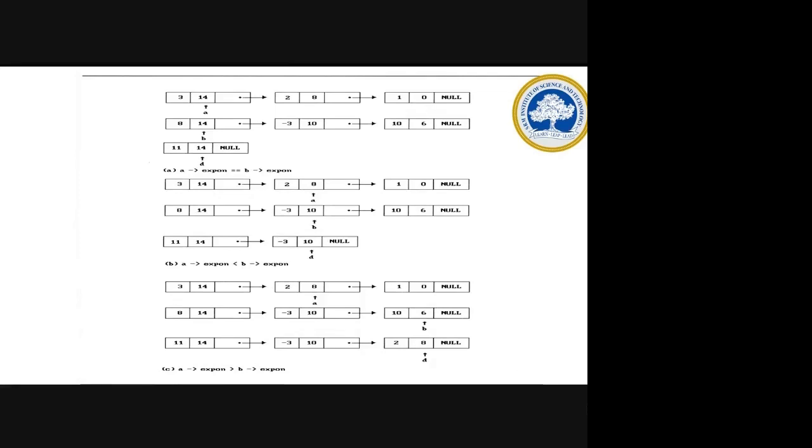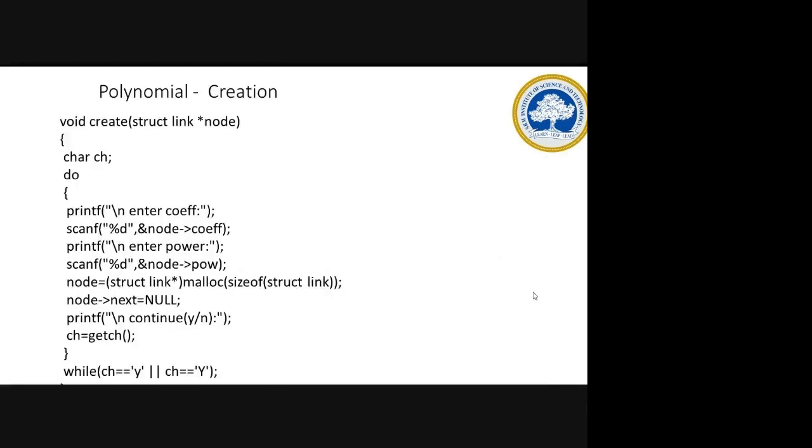Ma'am, the polynomials which we are adding, they should be arranged in the decreasing order of exponents, right? Yes, yes, yes. 11 x power 14 minus 3 x power 10 plus 2 x power 8 plus 10 x power 6 plus 1.